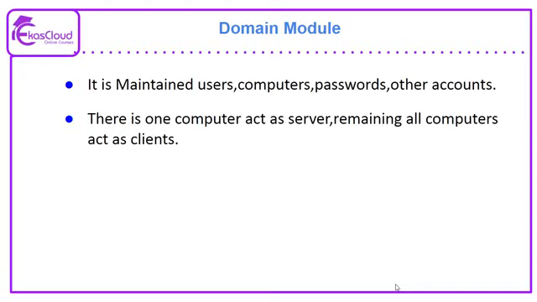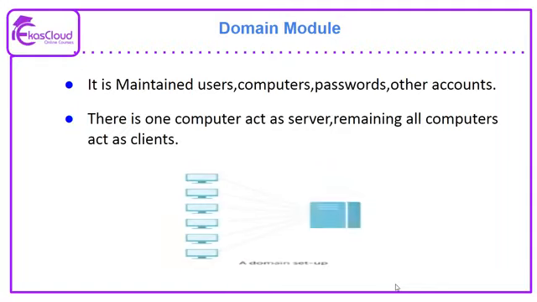Once again, in the workgroup model, all computers are standalone computers. In the domain model, one computer acts as a server and all remaining computers act as clients. The example on the diagram is a domain model setup. A server means it provides services to all the clients.